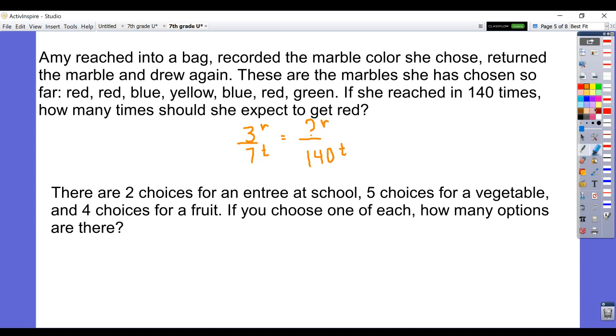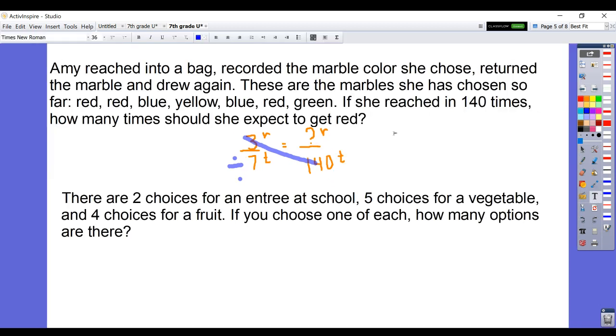So we can do that with cross products. We could take 3 times 140 and then divide by 7. You could say, what do you multiply 7 by to give you 140, which is 20, multiply 3 by the same thing. Either way, you end up getting 60 times. So we'd expect to get red about 60 times.